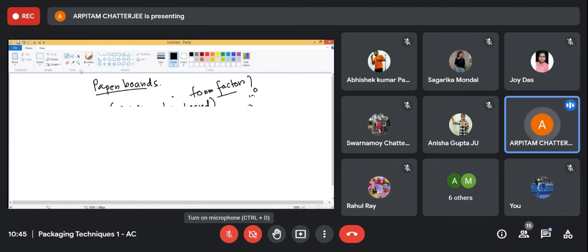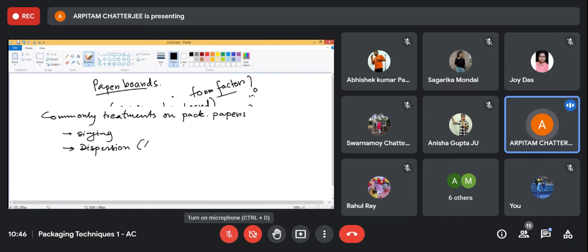So some of the commonly used treatments. Number one is sizing. Next we have different kinds of dispersion.